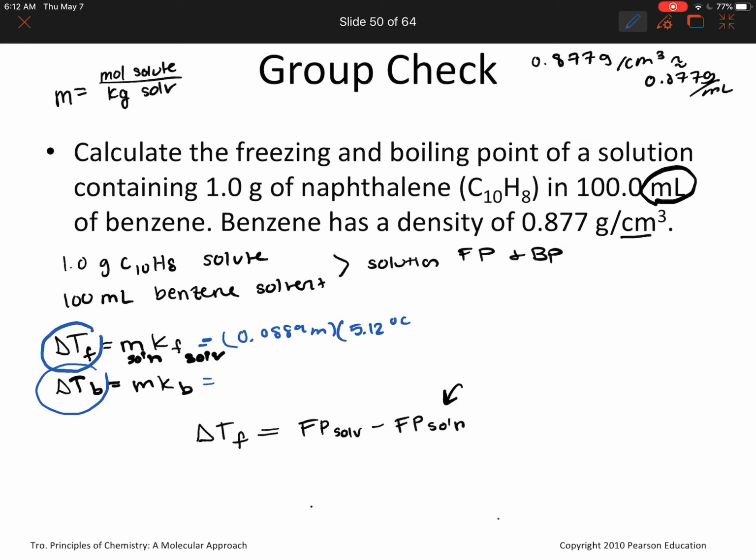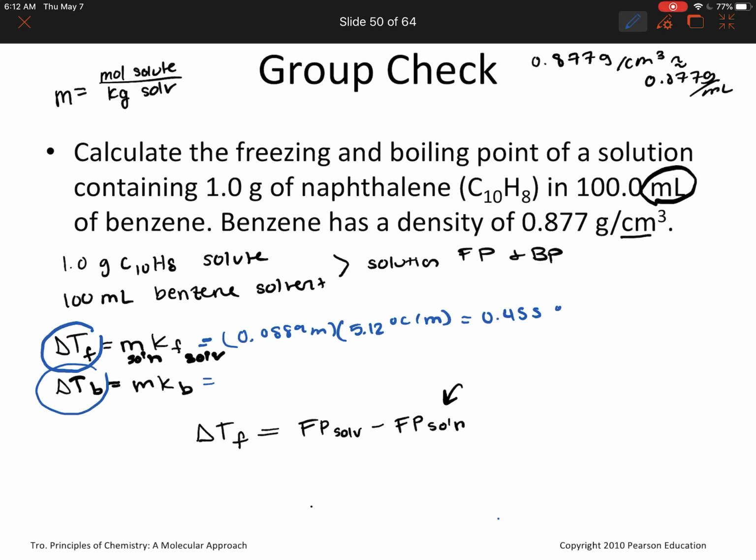What is my solvent? My solvent is benzene. Well, if I look it up, my actual freezing point constant of benzene is 5.12. Again, I did this because I forgot that I need to use the solvent, not the solute. So you look up the freezing point constant of the solvent.